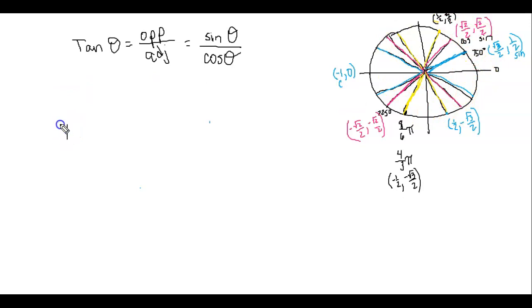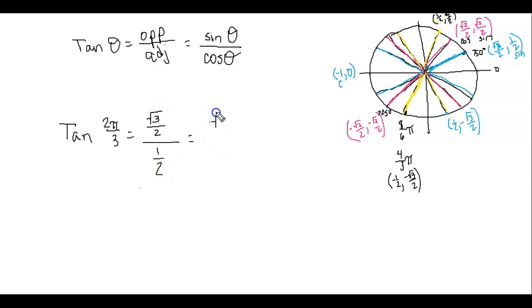If I wanted to find the tangent of 2 pi over 3, or 2/3 pi, all right, so I'm doing 1/3, 2/3. 2/3 is right here. So I have the cosine and the sine. I just need to do the sine, which is square root of 3 over 2, divided by the cosine, which is 1/2. Now, it does mean that we're going to be dividing fractions a lot. And if you recall, writing fractions this way to do division is not very useful.